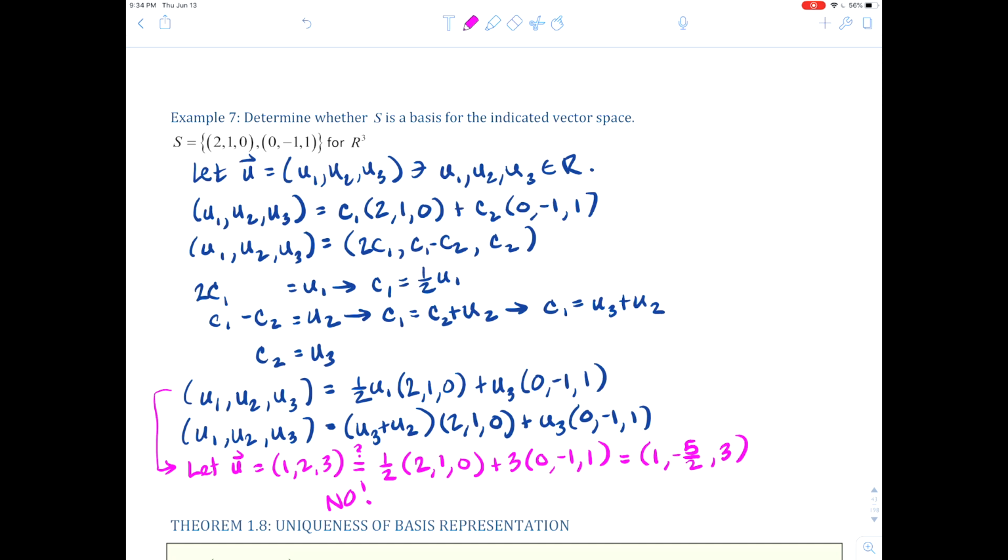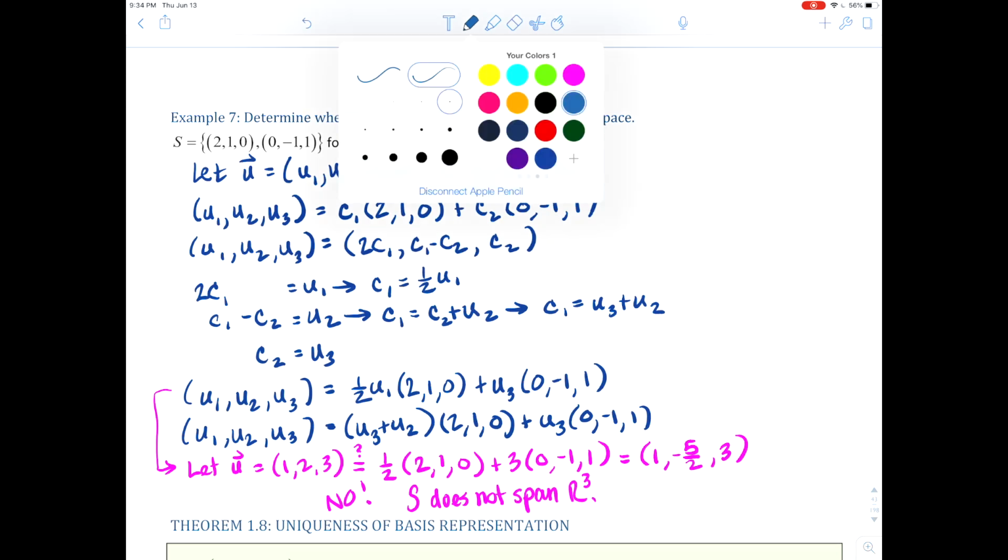So basically what we have going on, if one of them's not going to work out, it's just not going to span. So S does not span R3, right? So for our conclusion, what would we say?